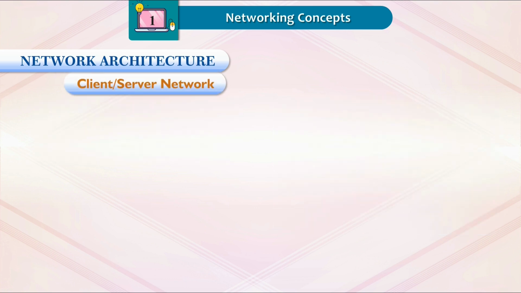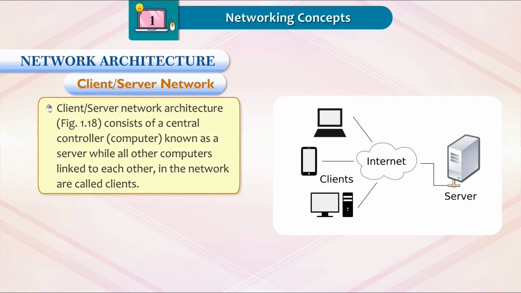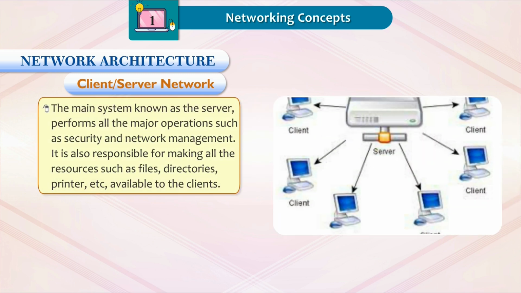Client or server network. Client or server network architecture consists of a central controller or computer known as a server, while all other computers linked to each other in the network are called clients. The main system, known as the server, performs all the major operations such as security and network management.